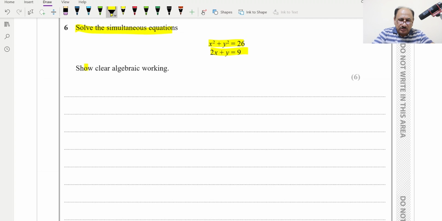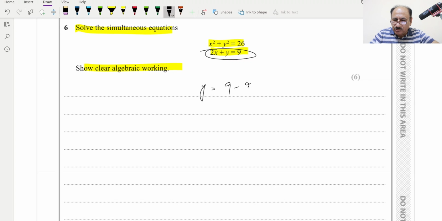Simultaneous equation, two equations are provided, and you can check there is a square, and we'll have to use the second equation first. We can calculate y is equal to 9 minus 2x.